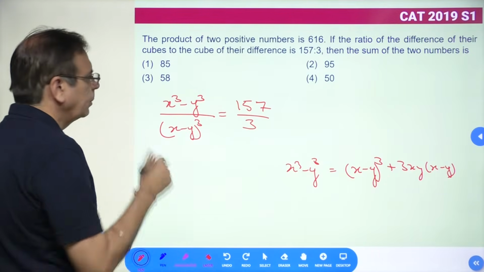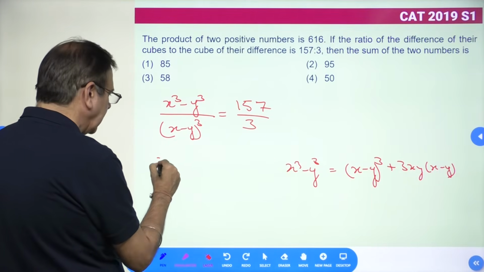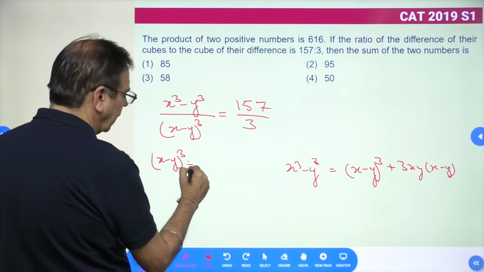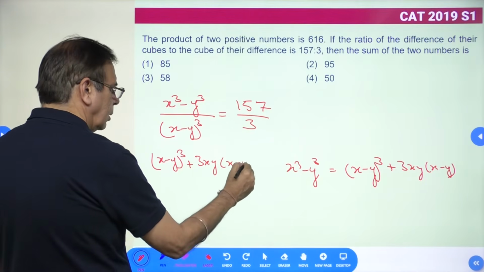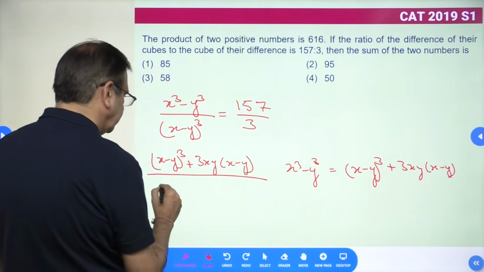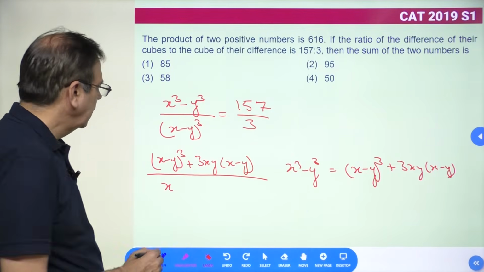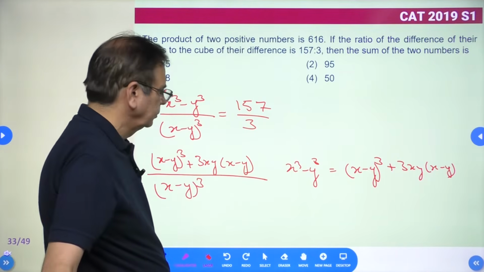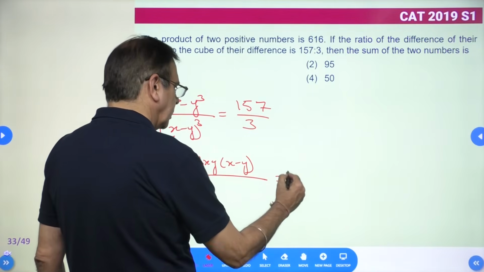So effectively, instead of x cube minus y cube, I'll write x minus y whole cube plus 3xy into x minus y, upon x minus y whole cube. This is nothing but 157 by 3.